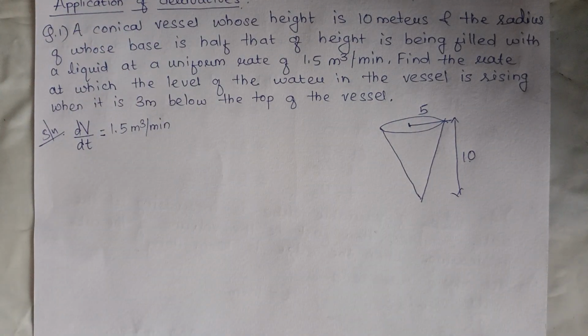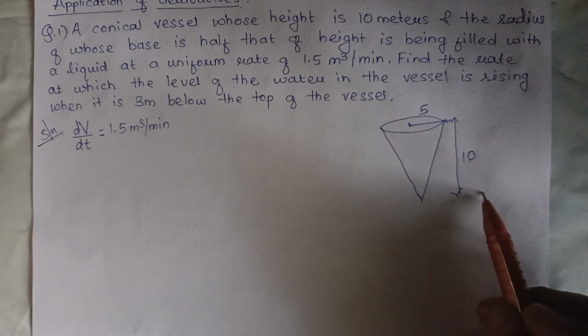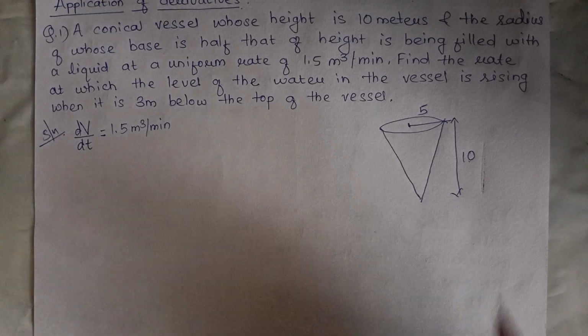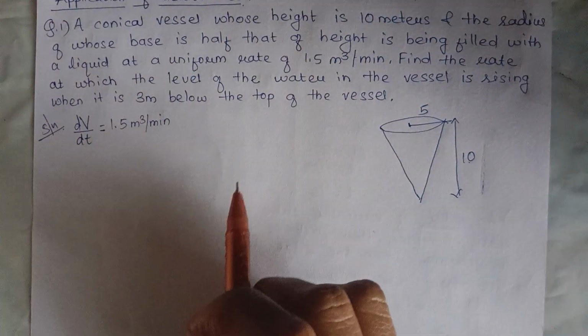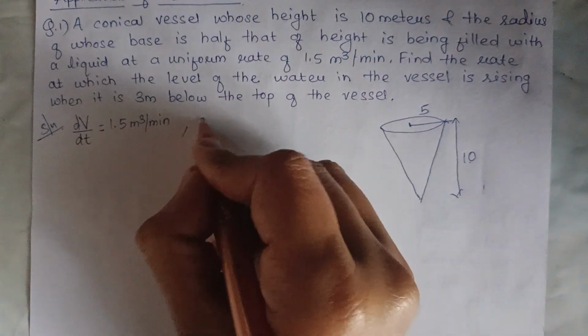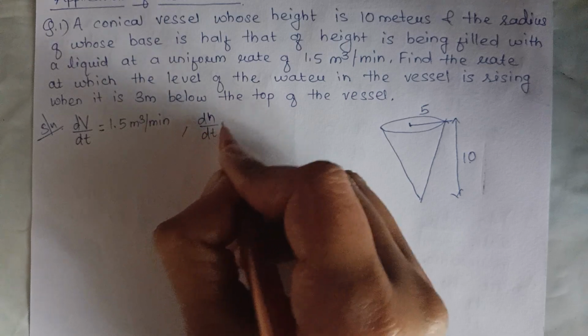Now find the rate at which the level of the water in the vessel is rising. That is, we have to find the level of the water. So what we have to find? The change in height. So level of the water, that is dH by dt, we have to find.